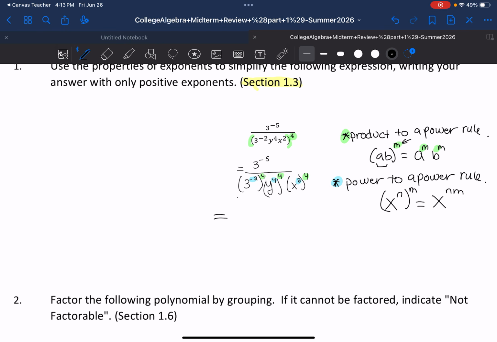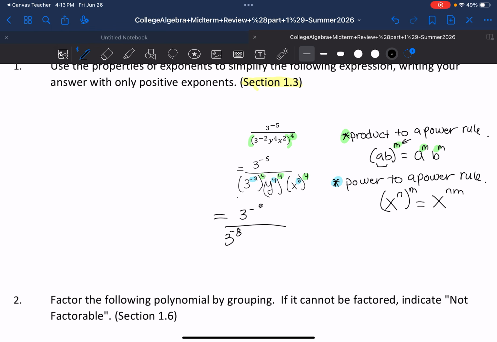So I will bring down my numerator, 3 to the negative 5th power. So on the bottom here, 3 to the negative 2 power raised to the 4th power. Well, using that rule, I would do the negative 2 times 4. And so that will give me 3 to the negative 8 power.